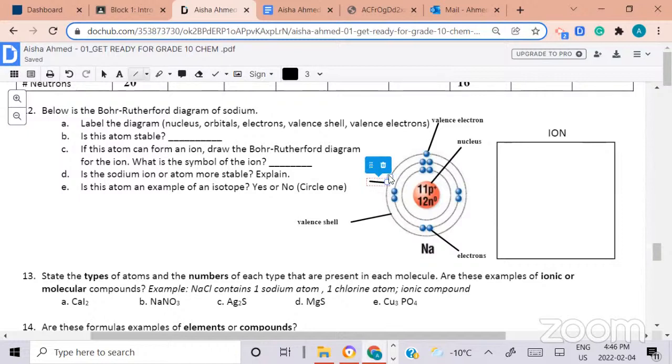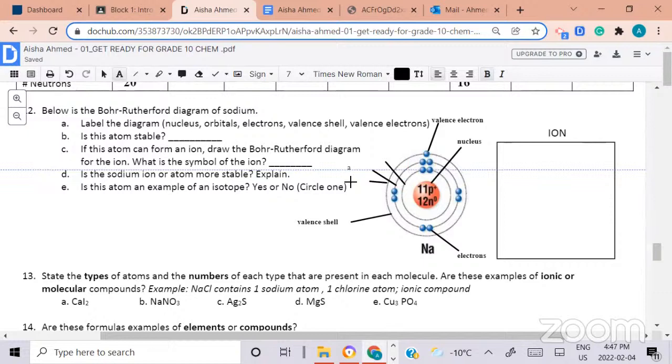So just try to convey that fact however you like. Then you would just write first, second, third orbitals. These are all orbitals.